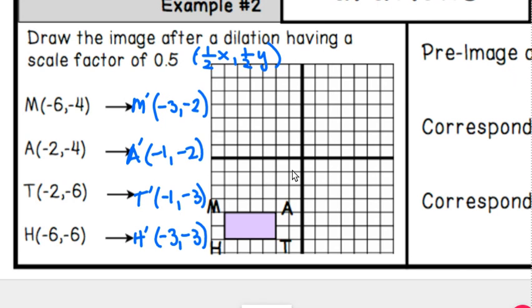So M prime is -3, -2. A prime is -1, -2. T prime is -1, -3. Let me move this.